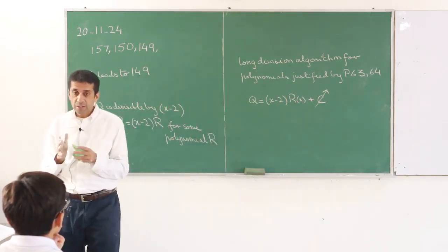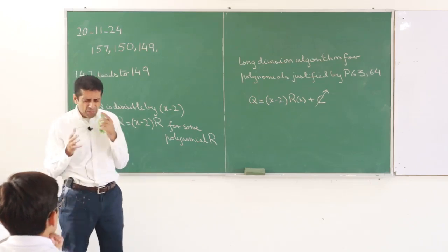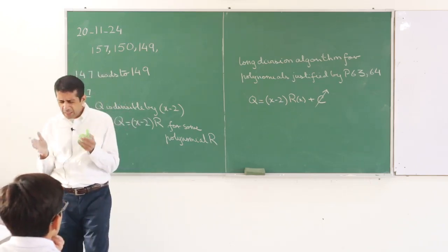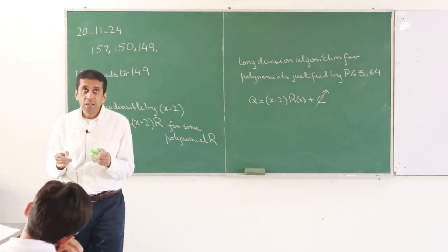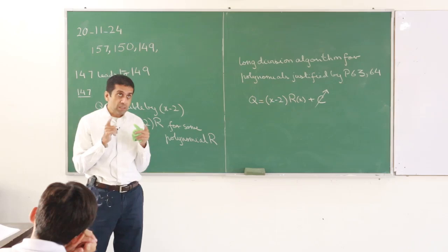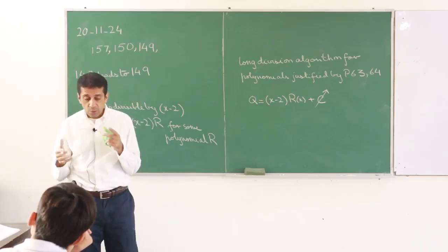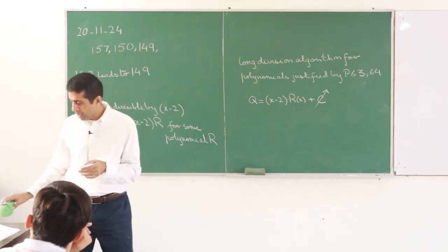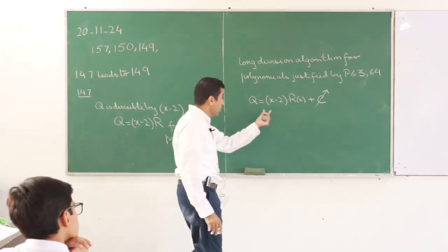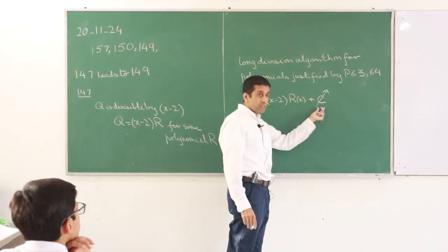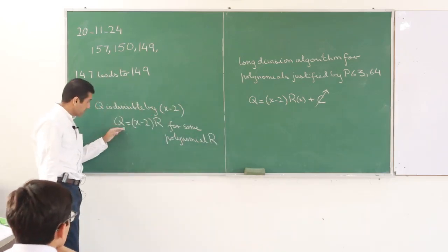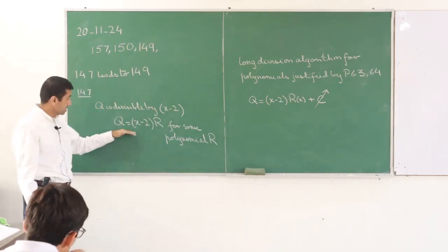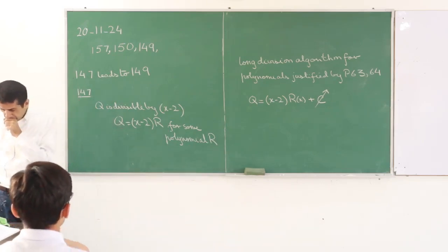In general, whenever something is divisible, the degree of the remainder is less than the degree of the divisor. Here the divisor was a linear polynomial, so the remainder was a constant, and the constant was 0. So the justification is just the long division algorithm.